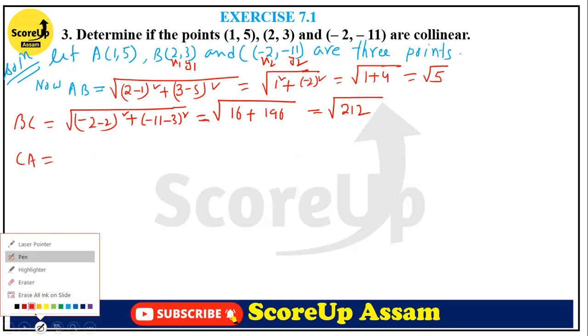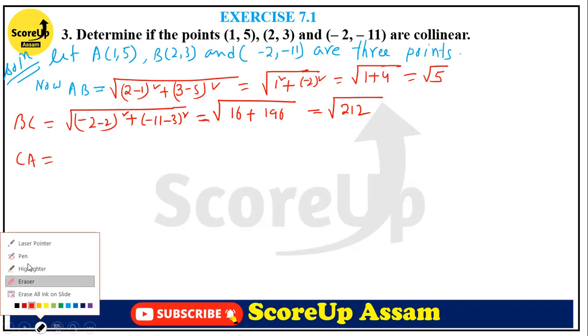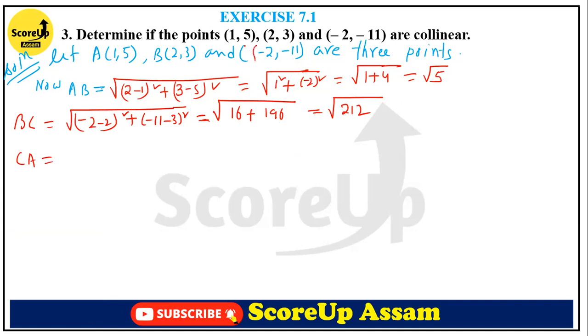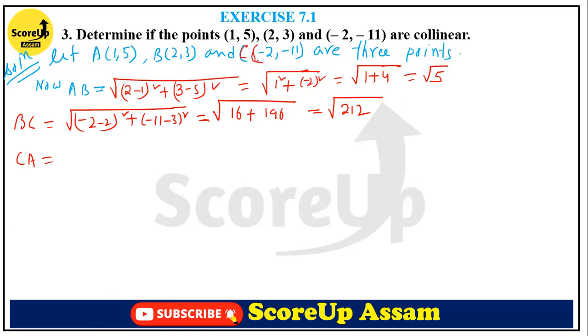Now BC is done, next CA. In this case, this will be our x1, y1, and this will be our x2, y2. So it will be like this: (-2 minus 1) whole square plus (-11 minus 5) whole square.